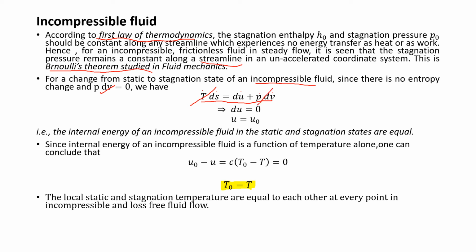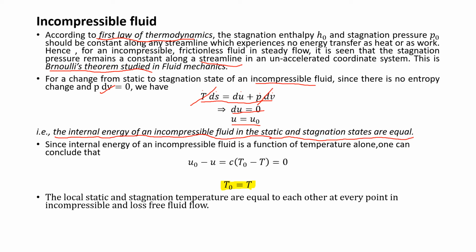What remains is dU equal to 0. It means that u is equal to u naught, that is the internal energy. Very important statement: the internal energy of an incompressible fluid in the static and stagnation states are equal.